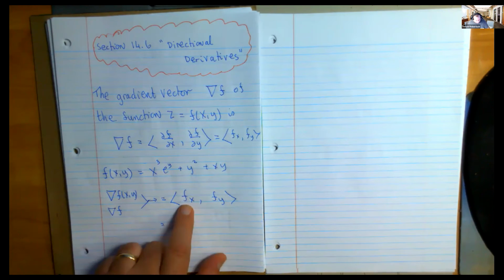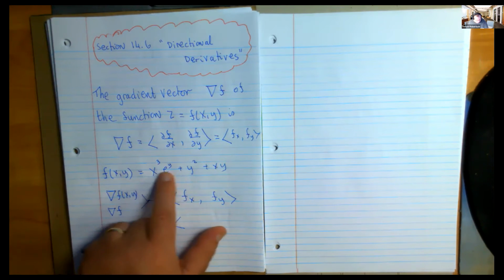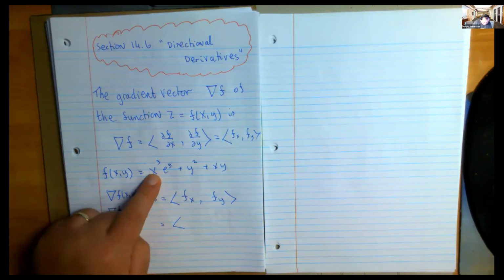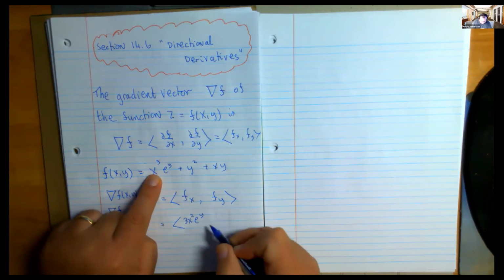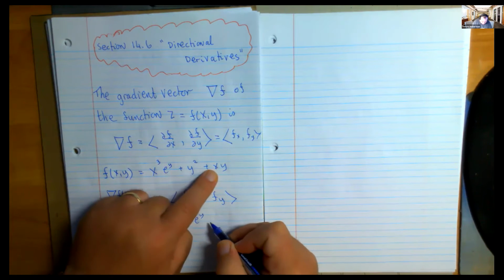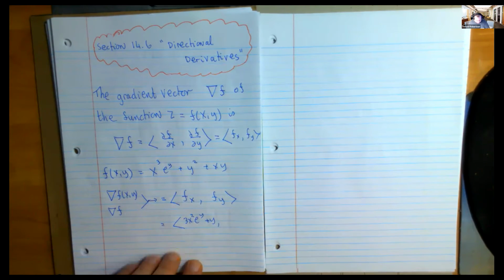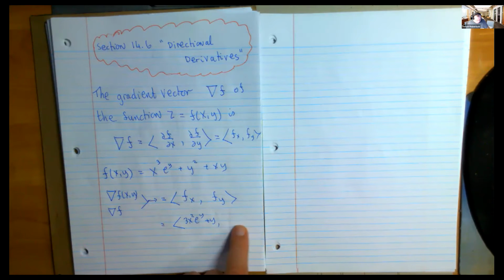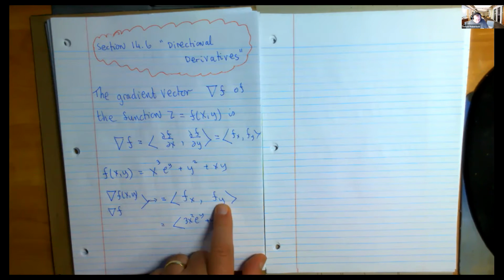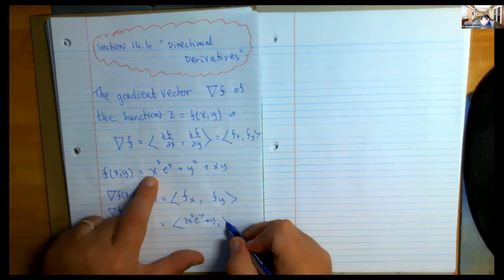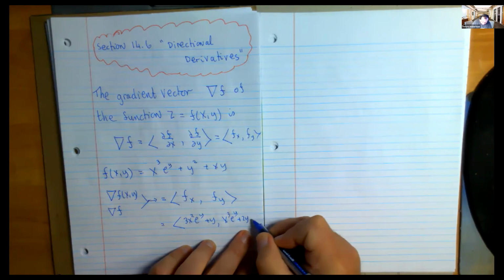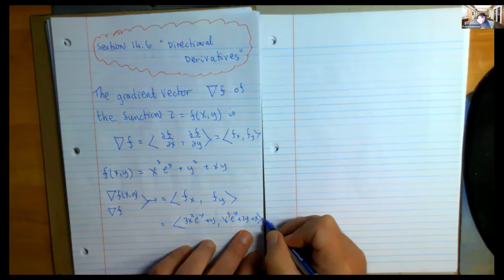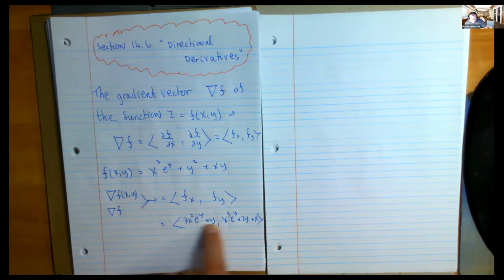So the x component of the gradient vector is what you get when you differentiate this with respect to x. So there's 3x squared e to the y. That gets you nothing, and that gets you y. And then to get the second component of the vector, you differentiate partial derivative of this with respect to y, in which case you'll get an x cubed e to the y. You've got a plus 2y and an x. And that is the gradient vector.